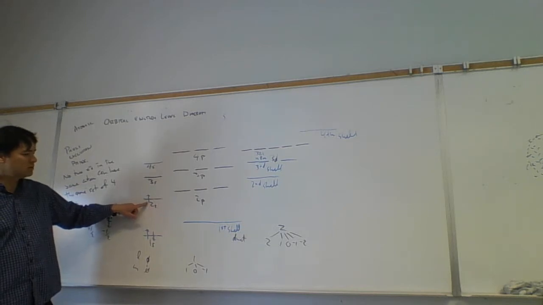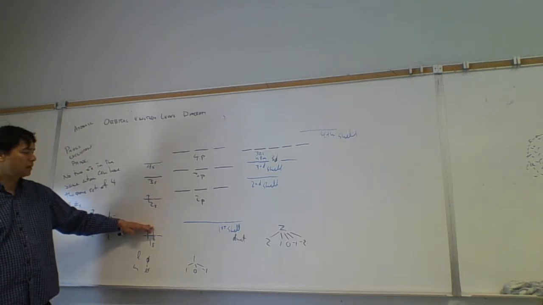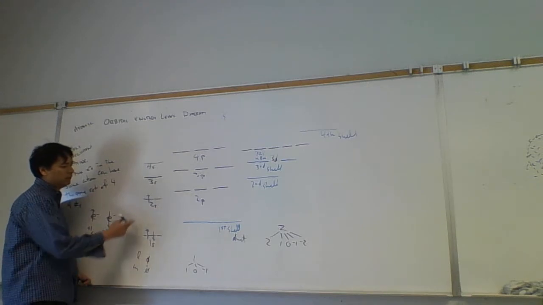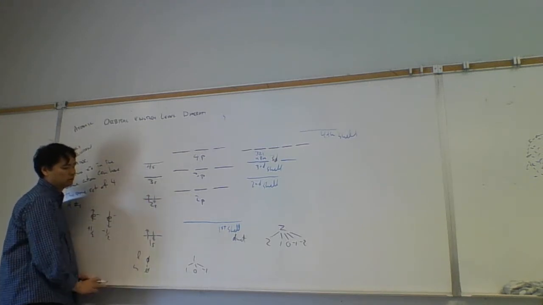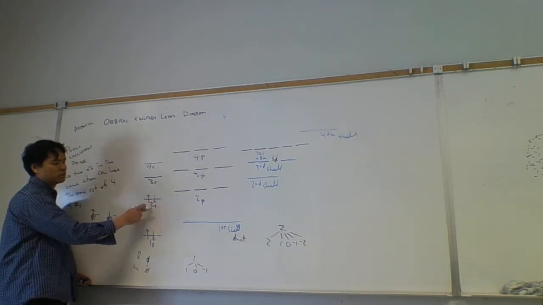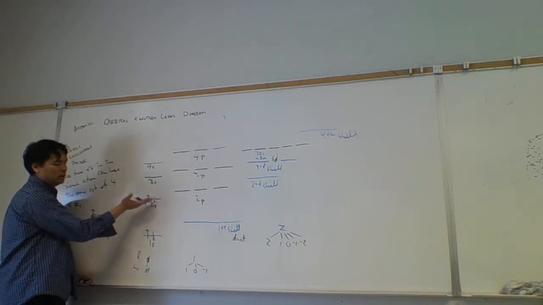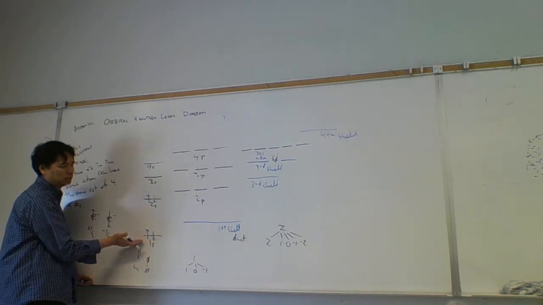If lithium loses 1 electron, then we're just left with this filled shell here. We move on from lithium to beryllium, beryllium has 2 electrons here. So beryllium can lose those 2 electrons, but it's not going to lose these. So once we take these 2 electrons, this shell is stable with the duet.